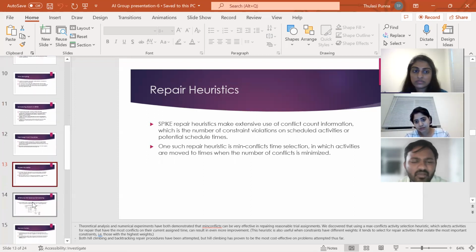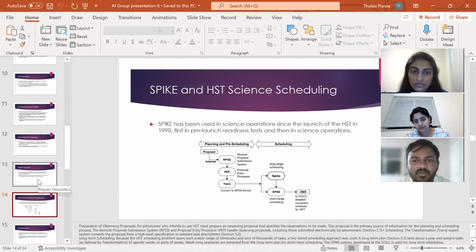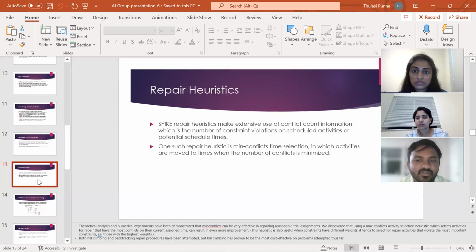Both hill climbing and backtracking repair procedures have been attempted, but hill climbing has proven to be the most cost-effective on problems attempted thus far. One such repair heuristic is min-conflict time selection, in which activities are moved to times where the number of conflicts is minimized.